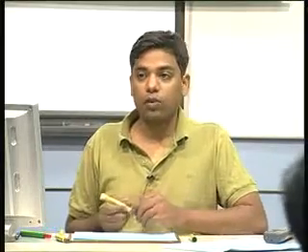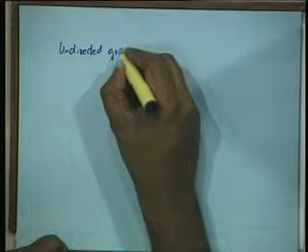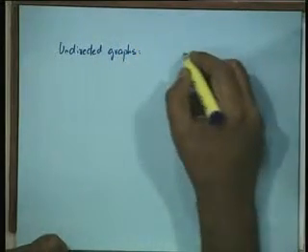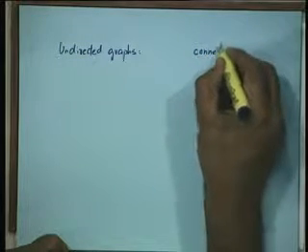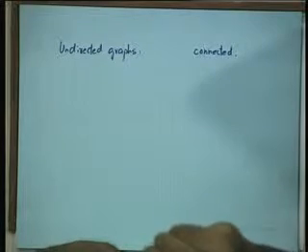Okay. So, let us go back to our notion of, for undirected graphs, if I gave you an undirected graph, there was the notion of whether the graph is connected. When is an undirected graph connected?